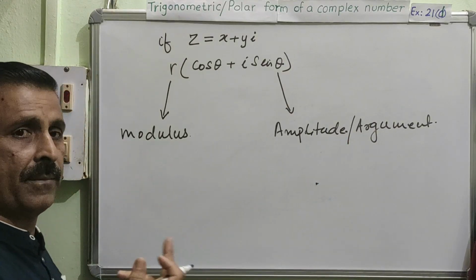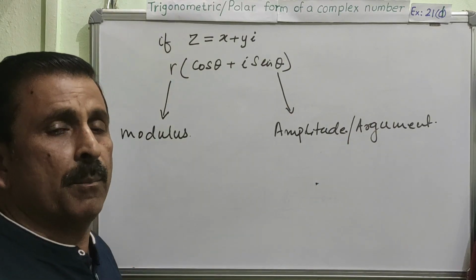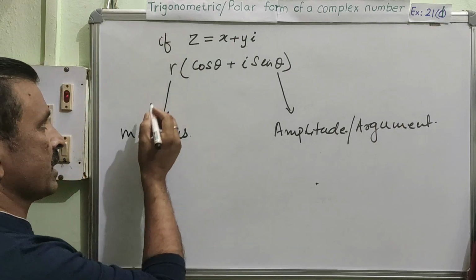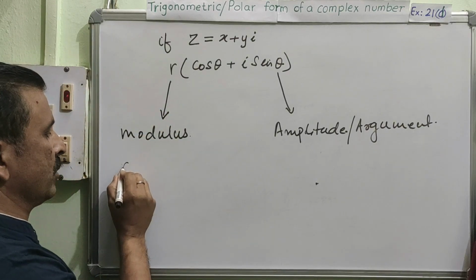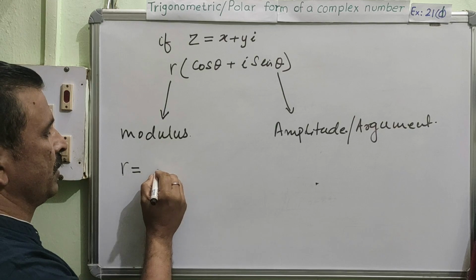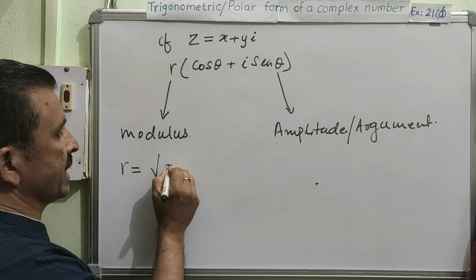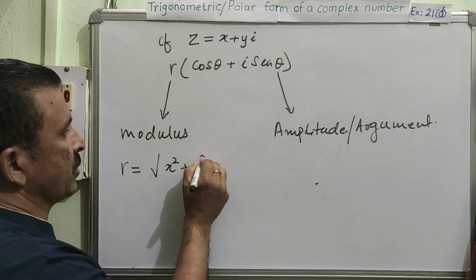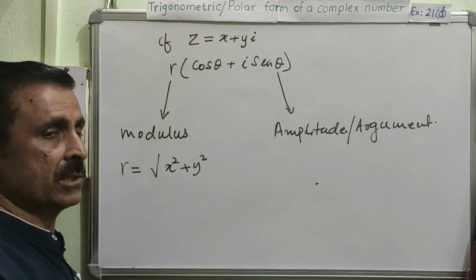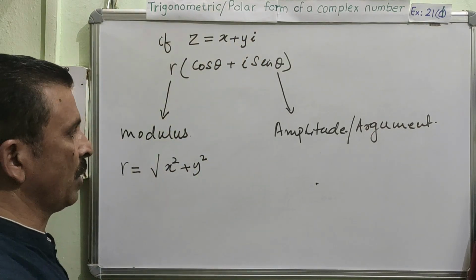We already know from the previous exercise how to find the modulus of a complex number. We can calculate the modulus by using the formula r is equal to root over x square plus y square, because our complex number is z is equal to x plus yi.